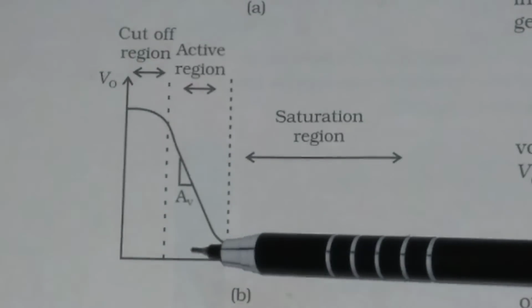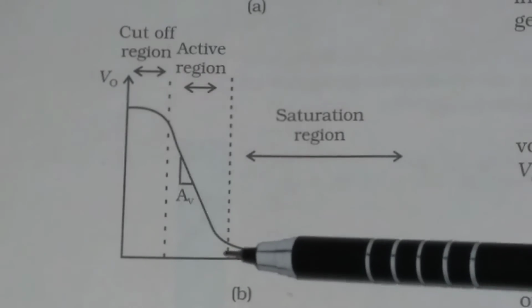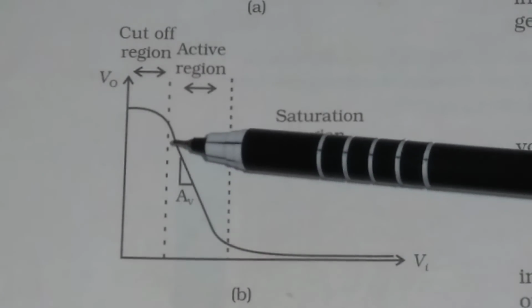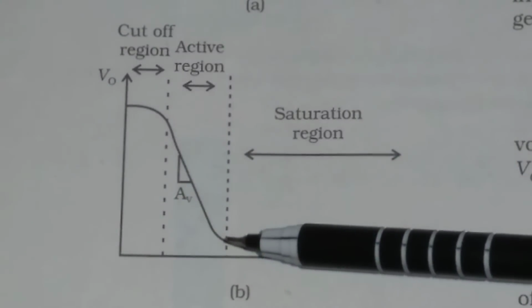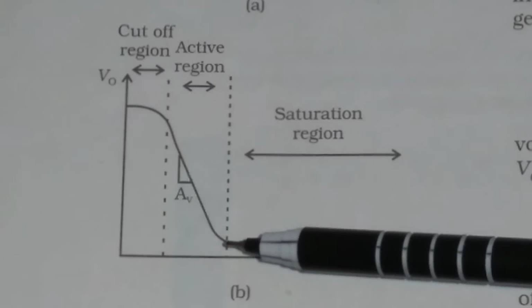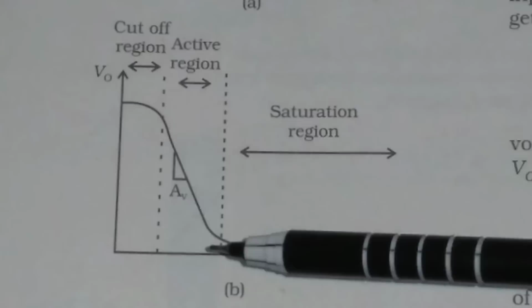In this graph you see beyond 0.6 volt, if you increase the input voltage, the output voltage decreases linearly, and this decrease will be up to about 0.1 volt.